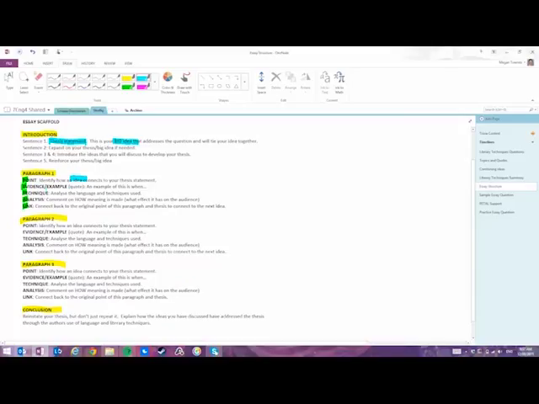Now sometimes a sentence will often combine the technique and analysis. So that is, again, up to your creativity, whether you choose to combine your sentence that looks at the technique and the analysis together, or whether you choose to treat them separately. It's up to you.